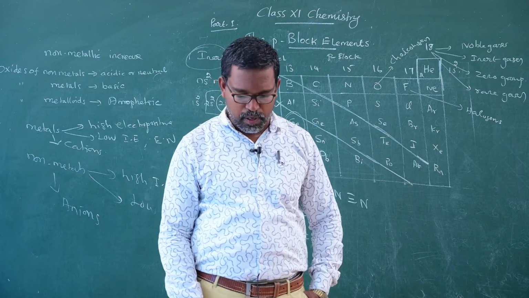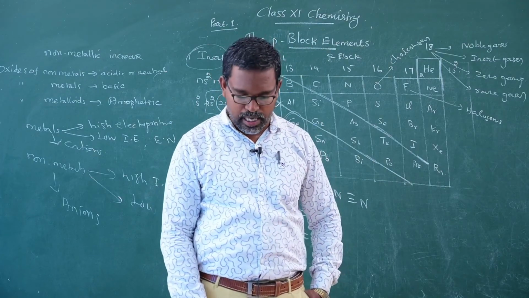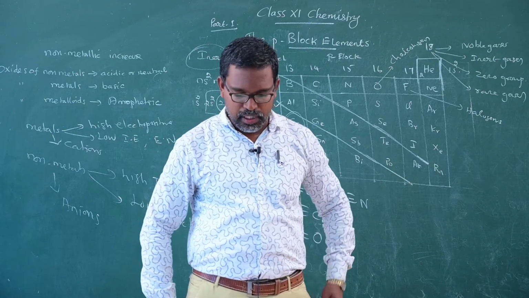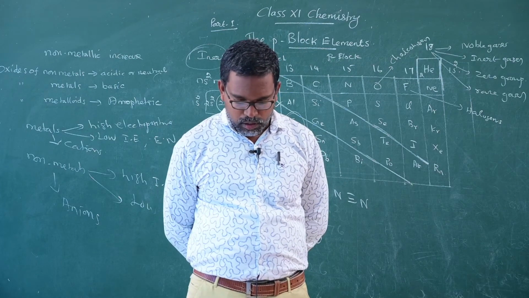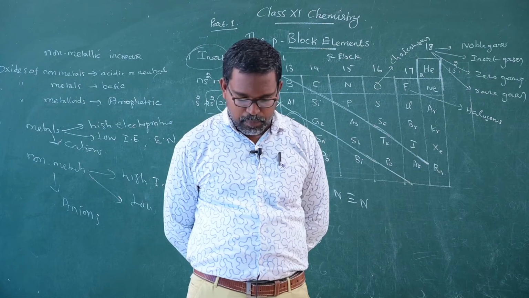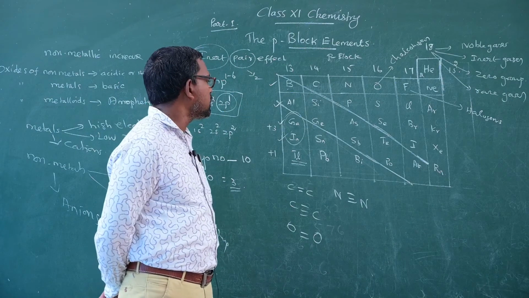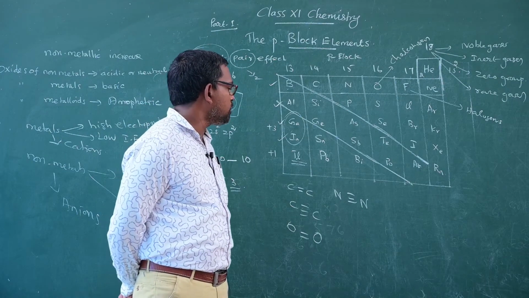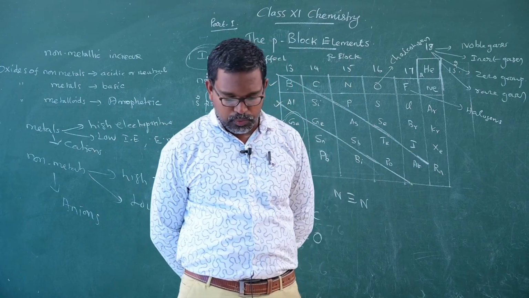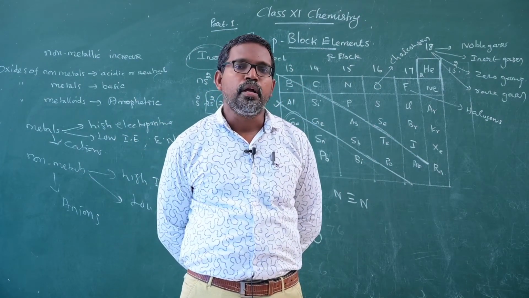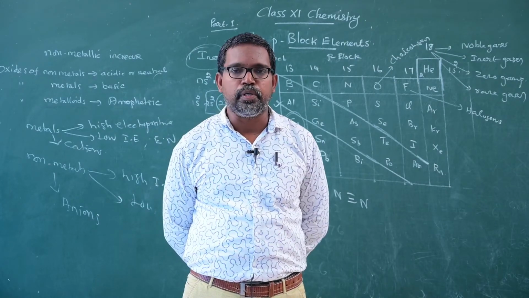Why do these elements form these multiple bonds? Because of the smaller size and availability of d orbitals. The combined effect of smaller size and availability of d orbitals in these elements shows in each group a greater tendency to form p pi-p pi multiple bonds.